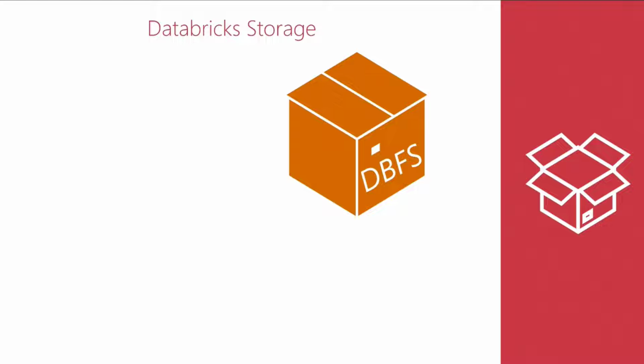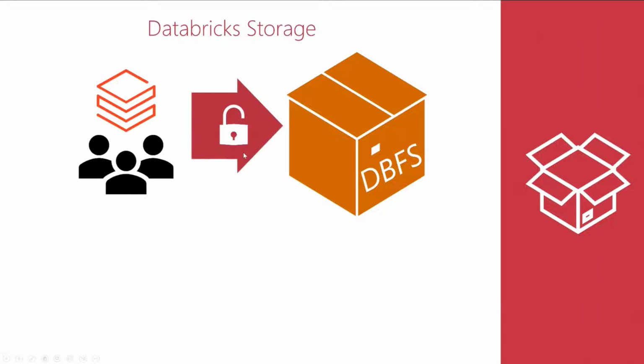So if you were to create a new set of Delta tables in your metastore without explicitly specifying a location for the storage within your tenant, it will default to this DBFS. A significant issue with that is that DBFS is accessible to all users granted access to a Databricks workspace. Therefore, all users can essentially access any data stored within it. So we have to be mindful of that.